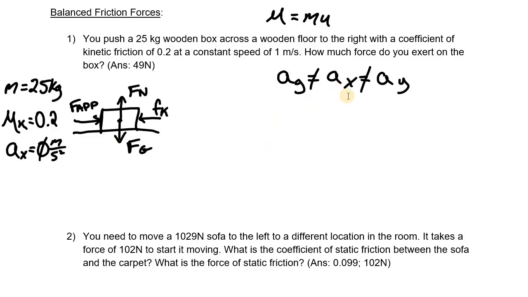The acceleration in the x direction is going to be moving left or right. The acceleration in the y direction is whether or not the object is moving up or down at all. So keep in mind that all three of these accelerations are different values. None of them are the same. Okay, and very last thing here. So once again, this indicates our acceleration is equal to 0.